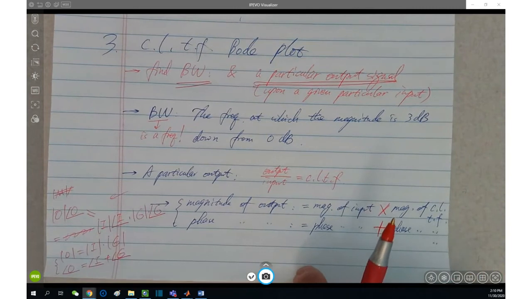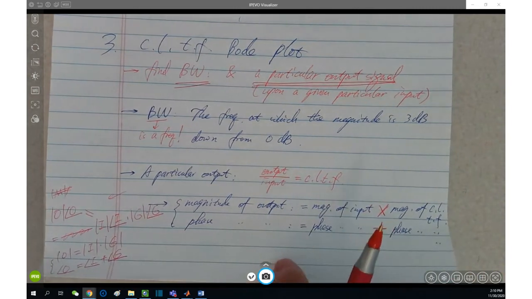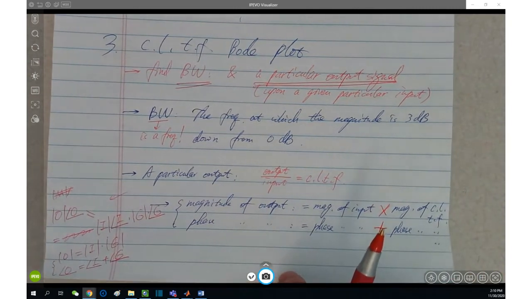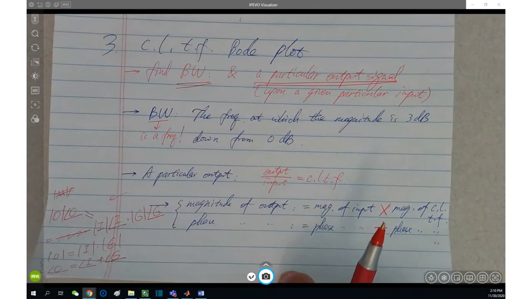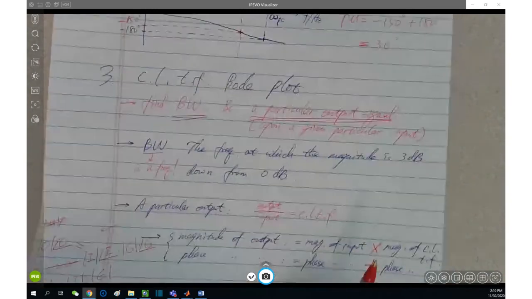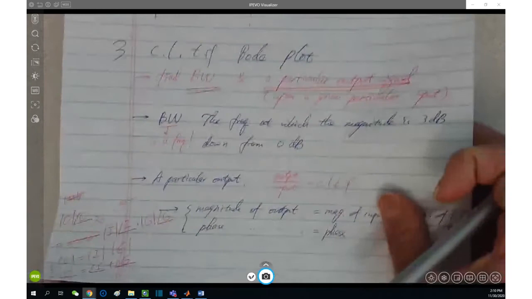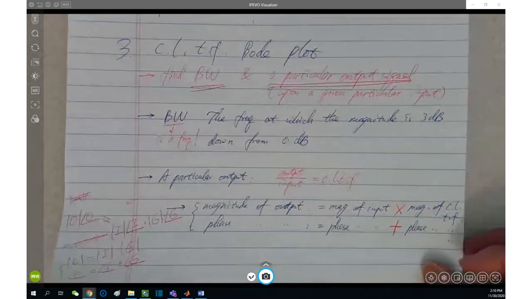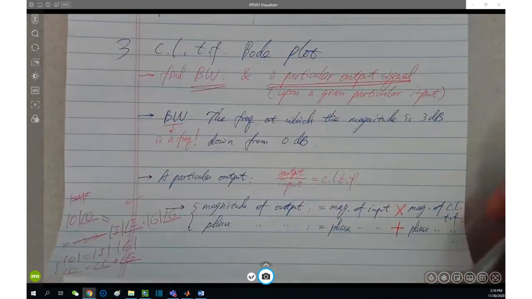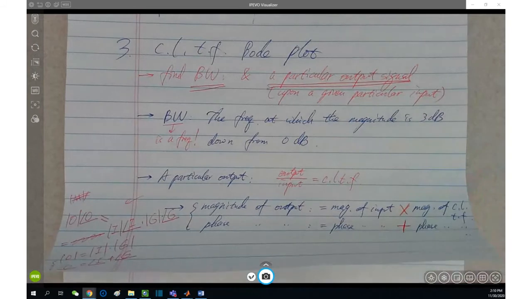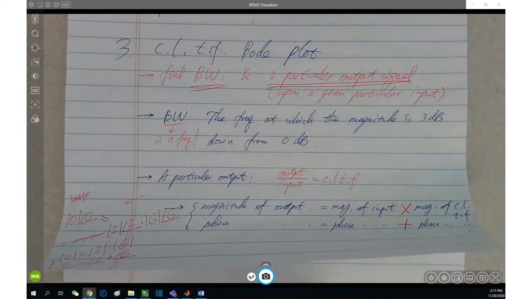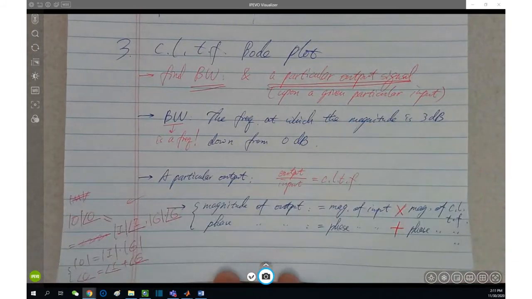You have to specify the input. Any questions before we go into real example 1, as well as 2? Any questions regarding these concepts?